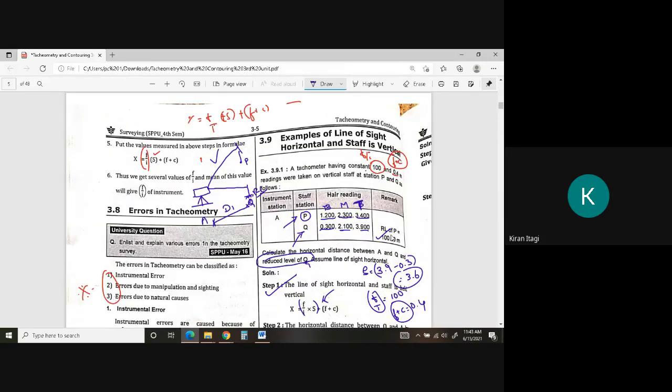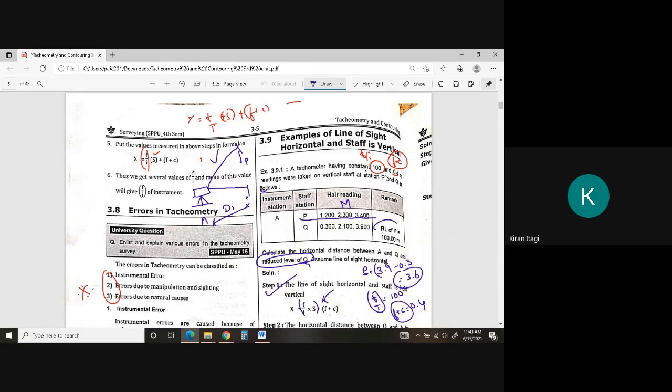He has given the RL of P. Initially I said that if you want to take levels, you will see the central hair reading. We have to see only in P. Since I am dealing with levels, I will take the central hair reading.